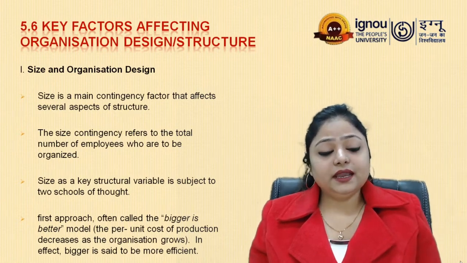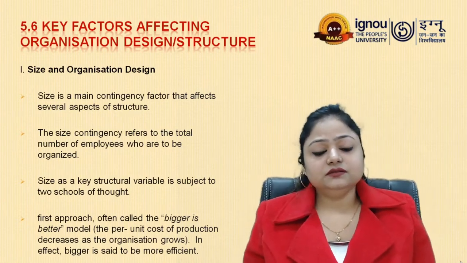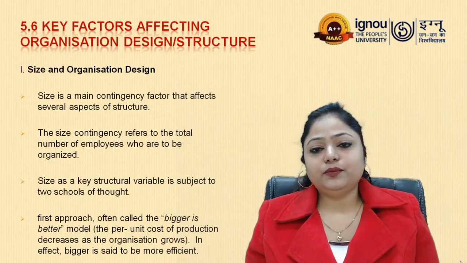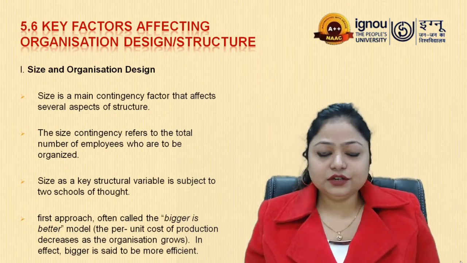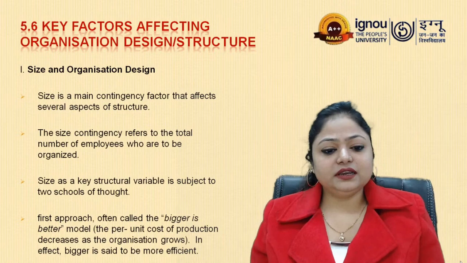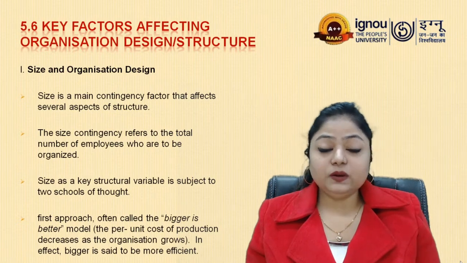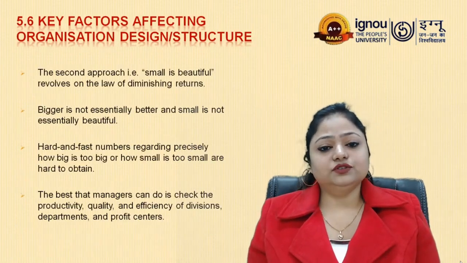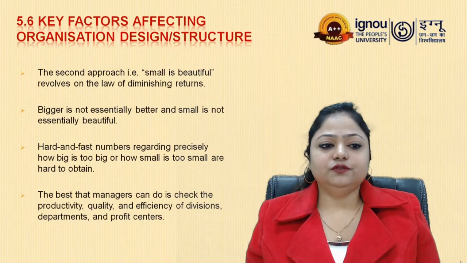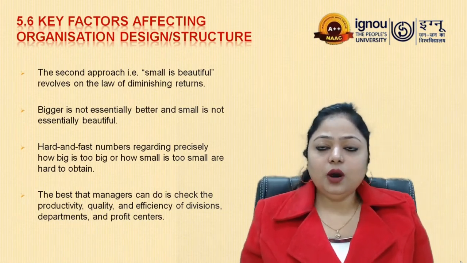First is the bigger is better model, which opines that the per unit cost of production can be decreased if the size of the organization is large, and in effect bigger is said to be more efficient. And the second approach is small is beautiful, and it revolves around the law of diminishing returns.